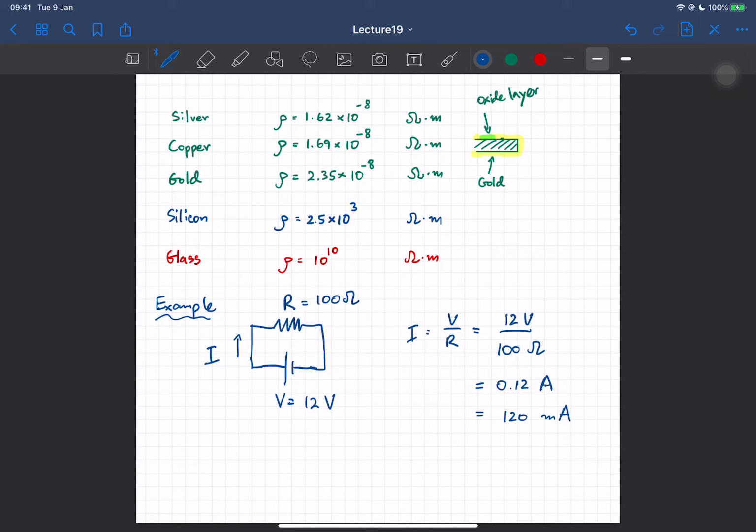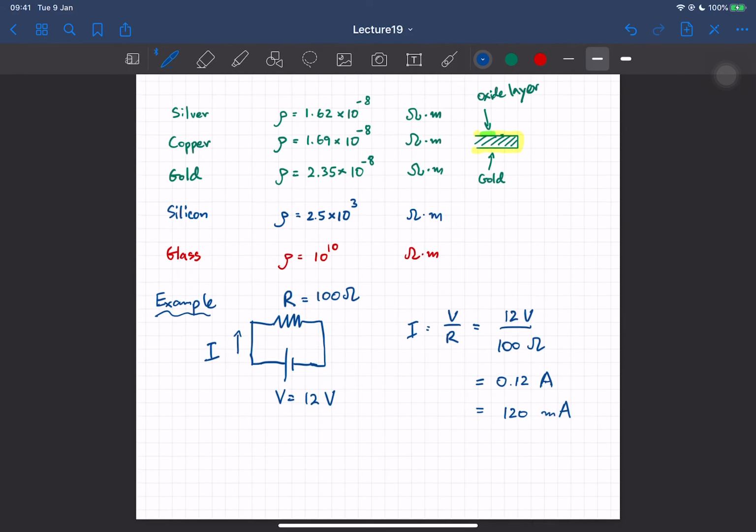That's because when electrons move through material, there is some kind of friction, right? So you lose some energy, and that energy turns into heat. So the power loss into heat of resistor R is given by P equal to V times I.